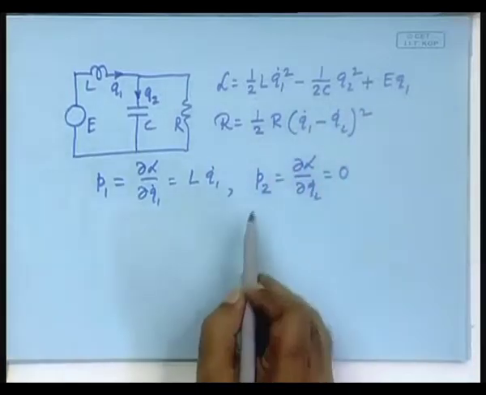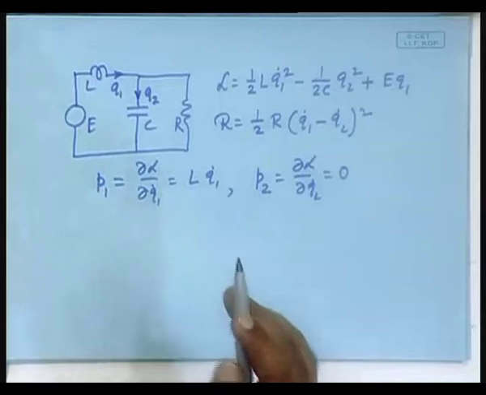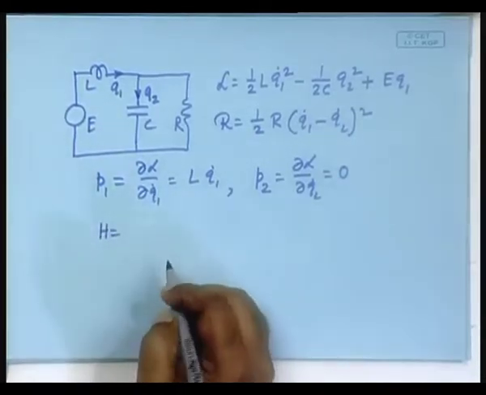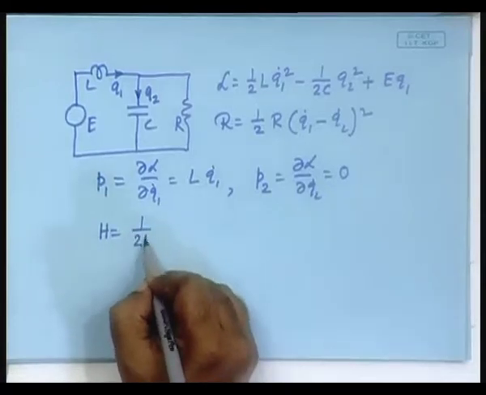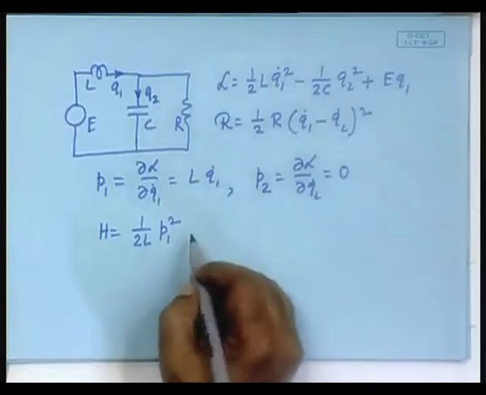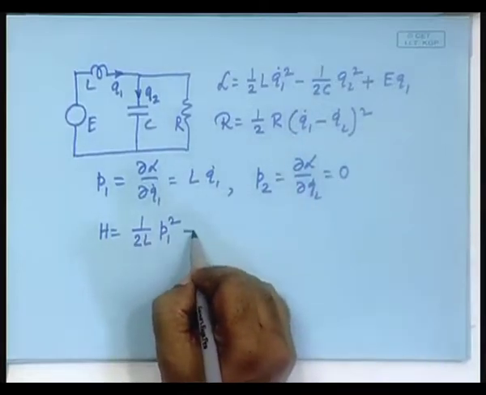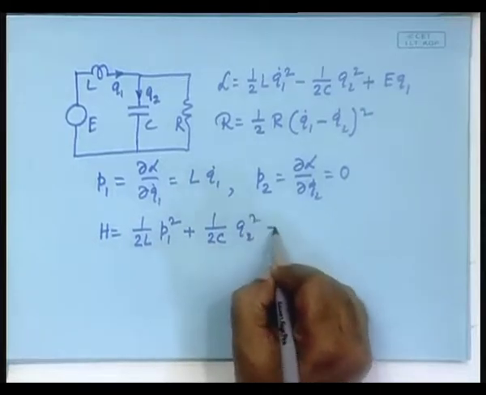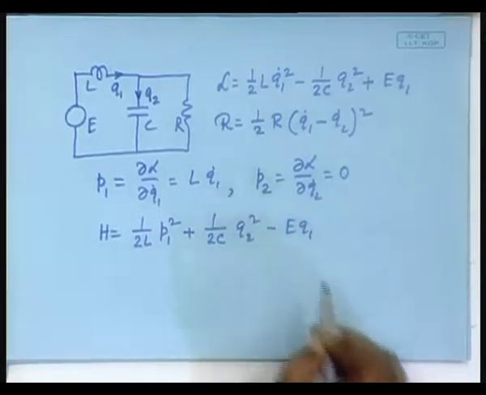So, if P2 is 0 and P1 is this, then we can write the Hamiltonian as 1 by twice L P1 square and the rest remains, plus 1 by twice C q2 square minus E q1.